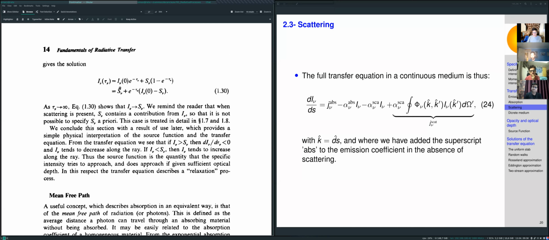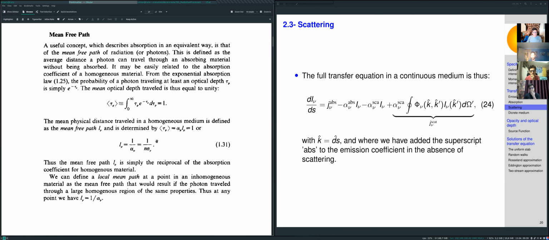But usually, in most circumstances, S_nu is the Planck function. So in the end, the specific intensity emerging from a medium has as a limiting value the source function or the Planck function. It can never be greater, but it can be less if there isn't enough optical depth.